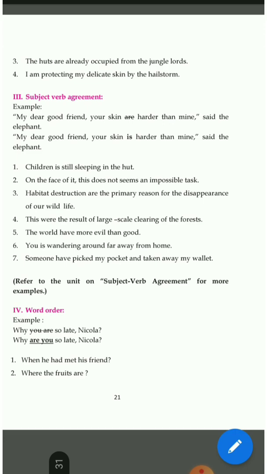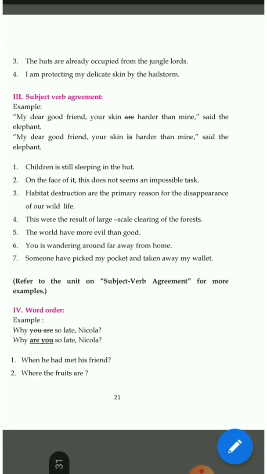You have to change only the verb, but that has to be in the same tense as it is given in the question paper. Just because it is singular, you cannot write is. Here it is given were, which means the sentence is in the past tense. So you have to write the past form of the singular verb. So this was the result of large scale clearing of the forests.